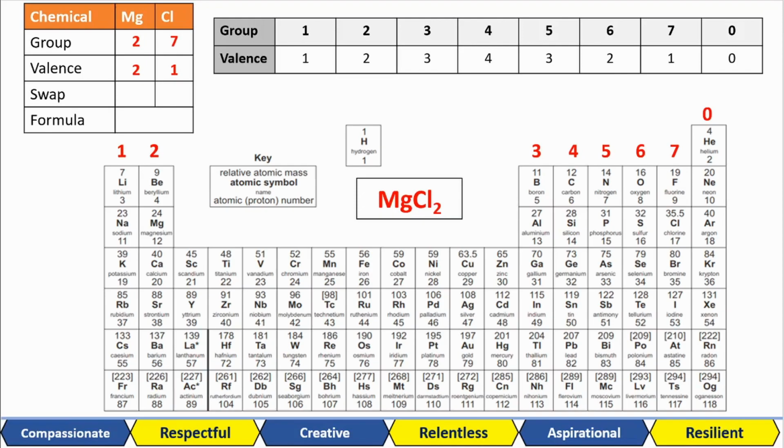The next step, you swap the valence numbers. So 1 goes to magnesium and 2 goes to chloride. And look what we have now. We've got the formula. 1 magnesium, Mg, and then 2 chlorines, or 2 chlorides I should say, Cl2. MgCl2.